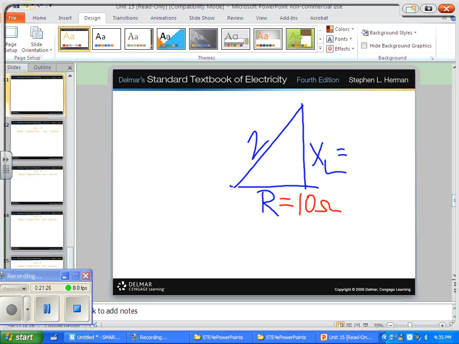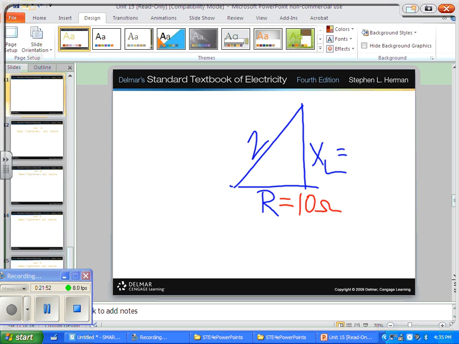Now, there's not a way to directly measure X sub L. Did you know that? But what have we said that we can figure out? If we have an AC circuit, remember we talked about apparent power and true power? If we see what voltage and current goes in, what do we call that? Apparent power, right? Okay.